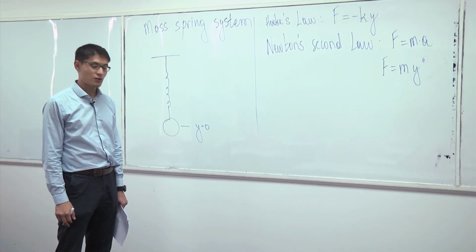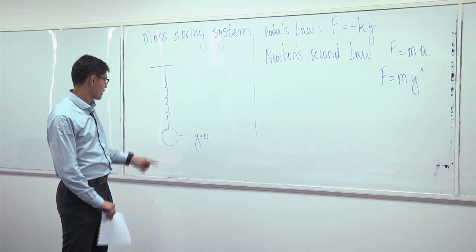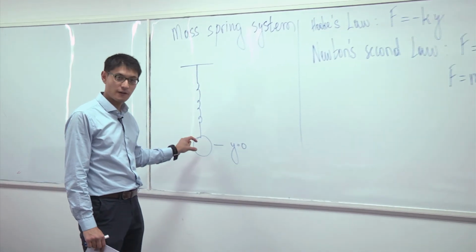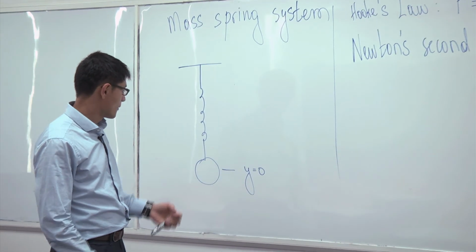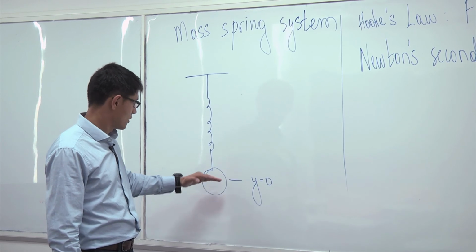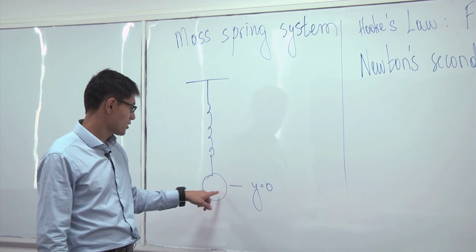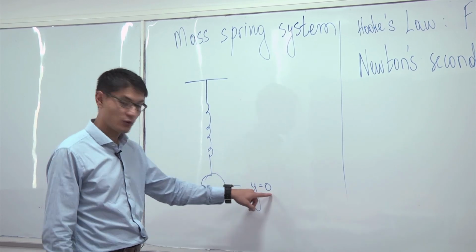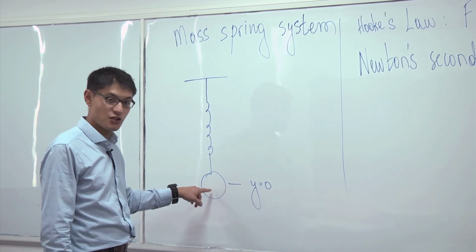Let's consider a situation where we have a spring and a mass in the form of a ball, let's say, attached to that spring. If we don't do anything to the spring or the mass, the system is in the resting position, which we call where we have y equals 0, and y represents the position of the ball.